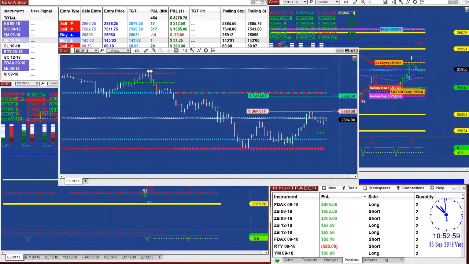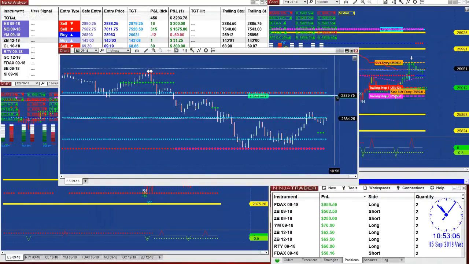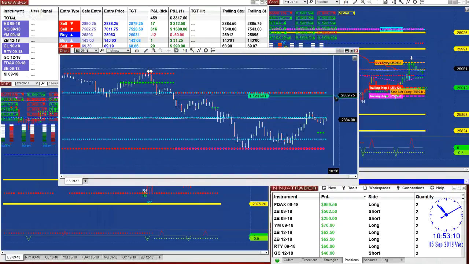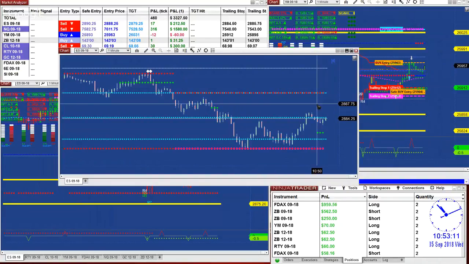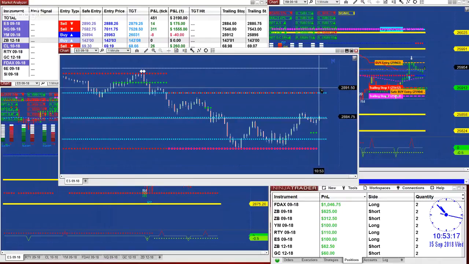Another option, if you are patient enough, as an example on the ES: now the short term is finished. We just have to be patient. Once this market breaks out of the 90.50 on the pullback, you can re-enter.